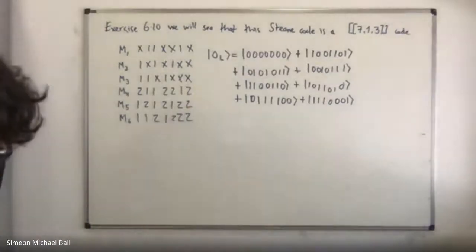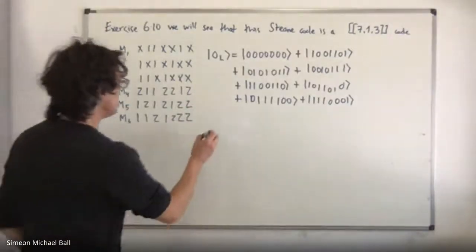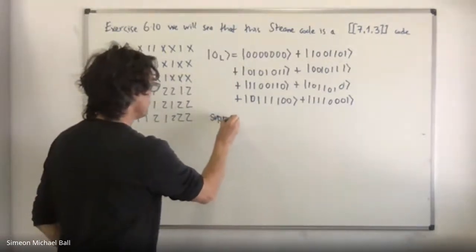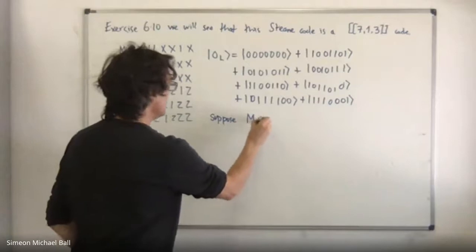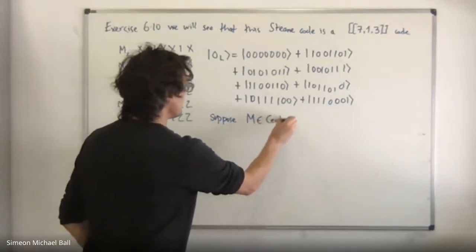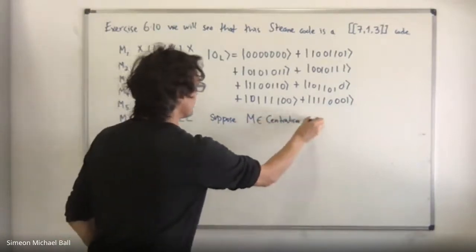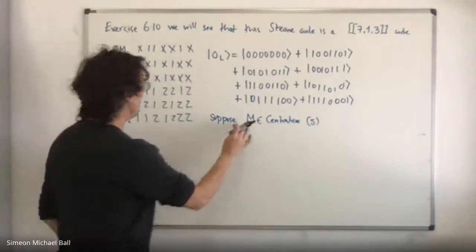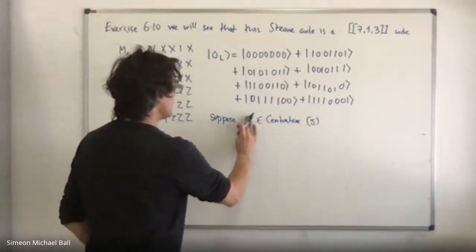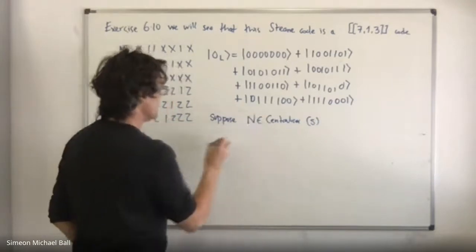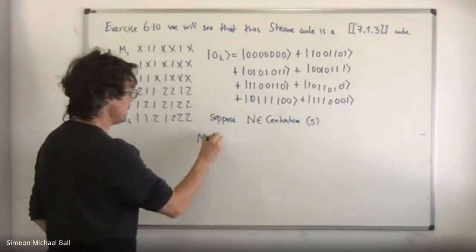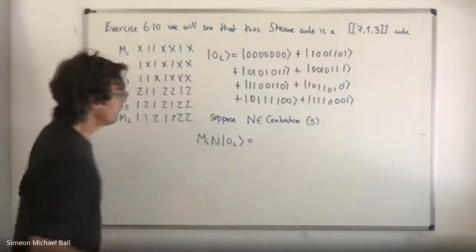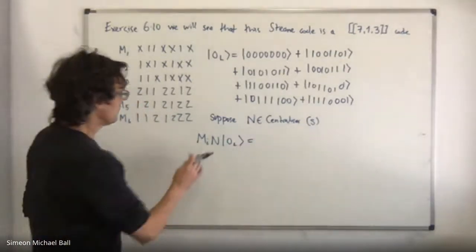Okay? Now, let's suppose we've got some M in the centralizer of S. What happens to this N? Let's say N. So what happens to M applied to N of, let's say, D?